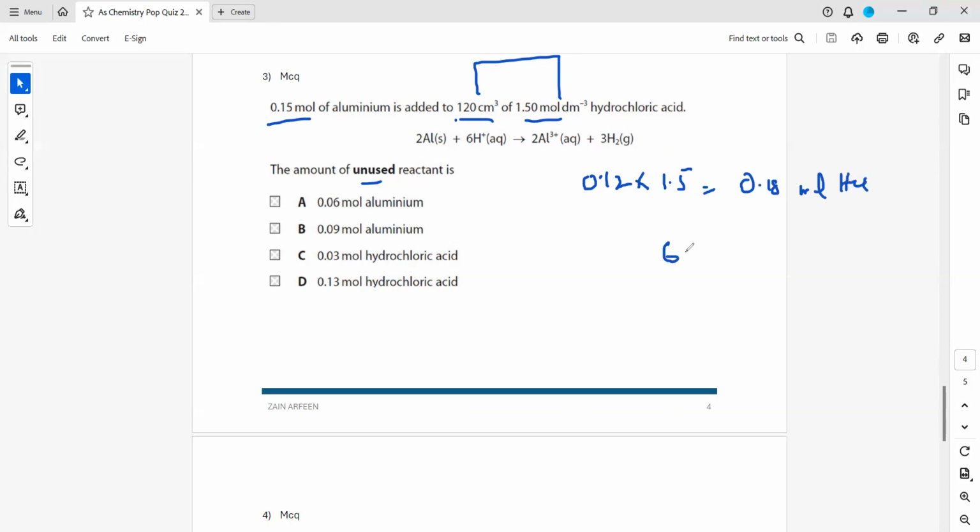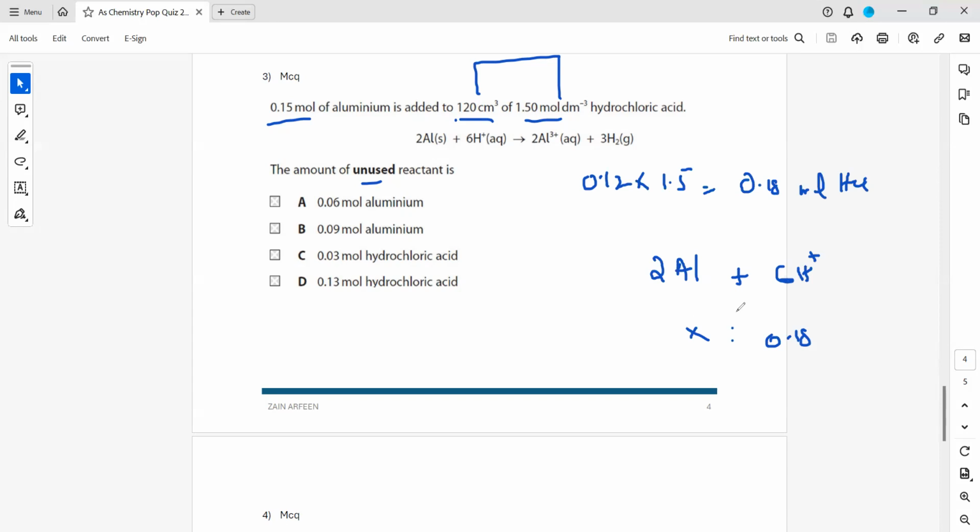Now the ratio between aluminium and hydrogen ions is 2:6. Like 2 aluminium are reacting with 6 hydrogen ions. So if we have 0.18, how many moles of aluminium are needed, X? So it will be 0.18 multiplied by 2 divided by 6.